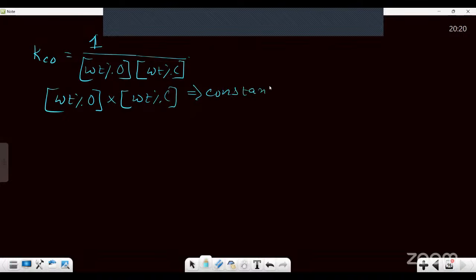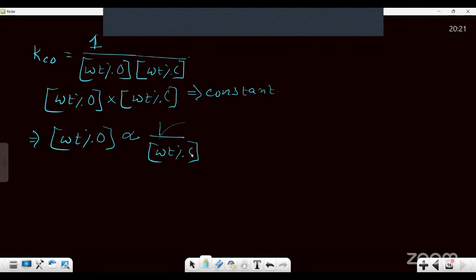This is constant. What does it mean? It means that from here we can also write that the weight percentage of oxygen is proportional to 1 by the weight percentage of carbon. It means that when my oxygen percentage is increasing, my carbon percentage will decrease.